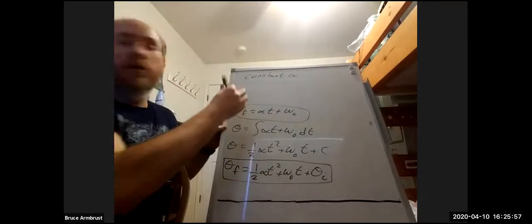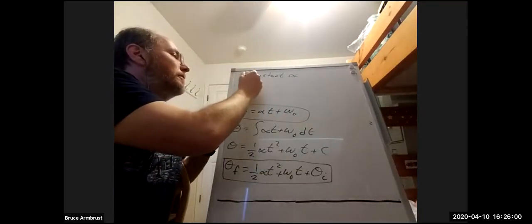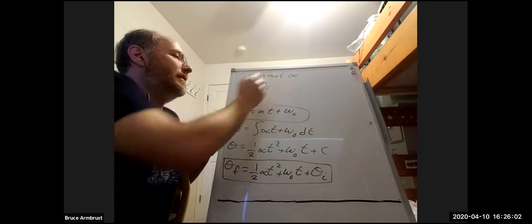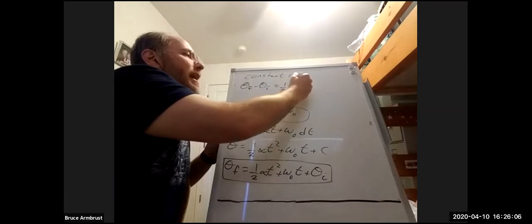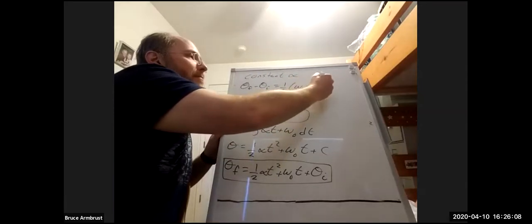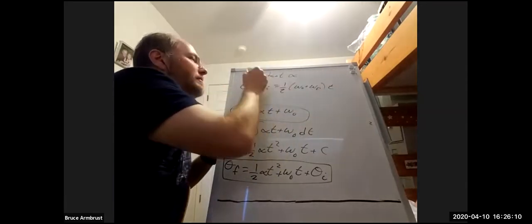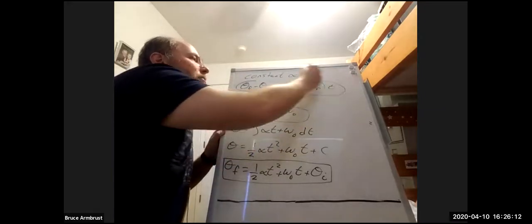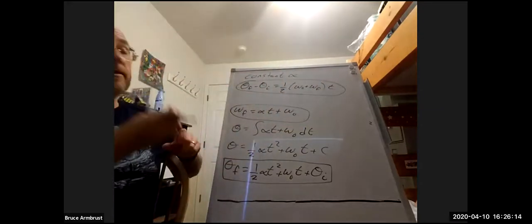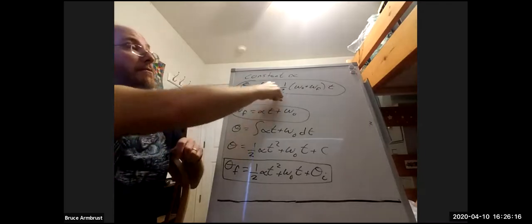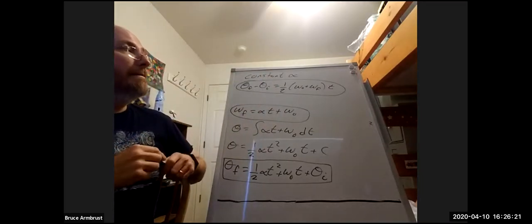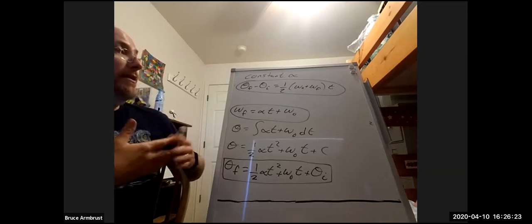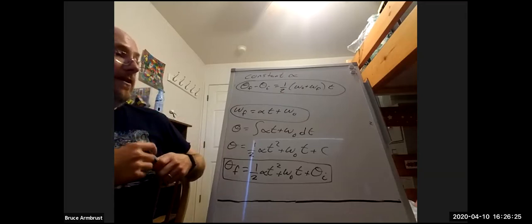And that one would be the good old theta final minus theta initial, the difference in the angles, is equal to 1/2 (omega naught plus omega final) times t. So you may remember there was another one that looked like that for linear quantities. The change in x is equal to 1/2 the sum of the velocities times t. So there was another one that we got by eliminating alpha.